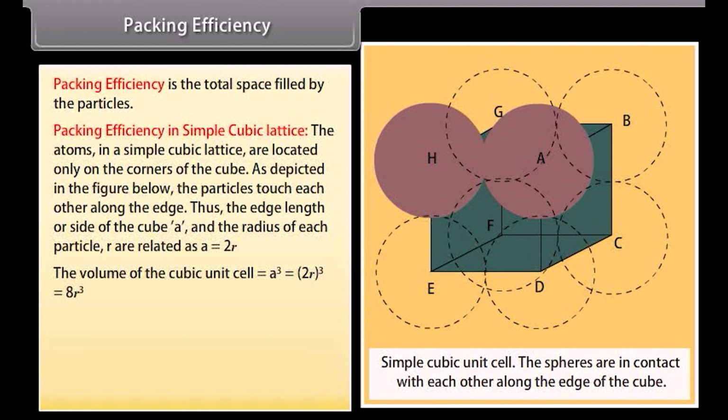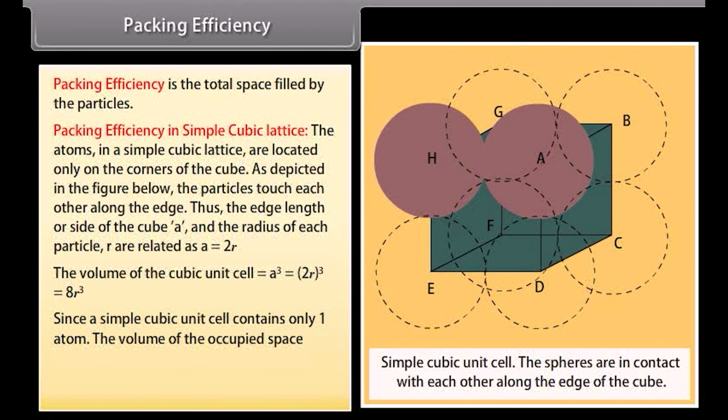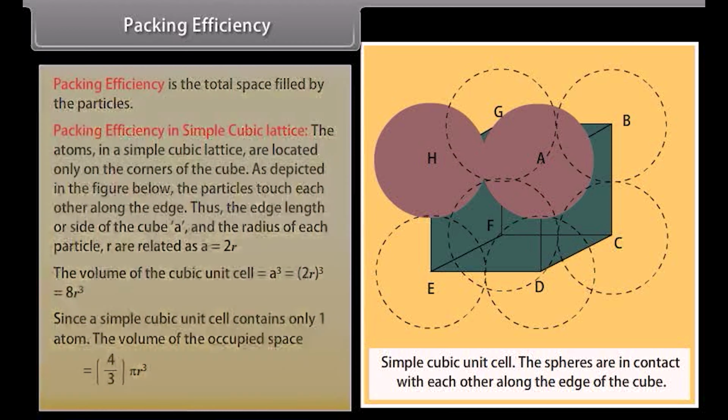The volume of the cubic unit cell is equal to a³, which is equal to (2r)³, which equals 8r³. Since a simple cubic unit cell contains only 1 atom, the volume of the occupied space is equal to 4/3 πr³.